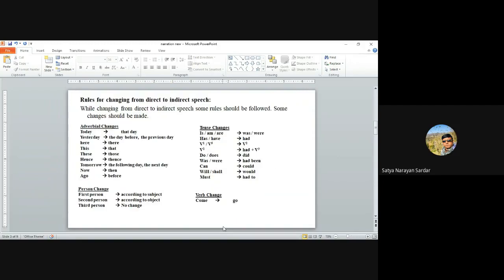So, as we are here to know the rules, there are some changes like adverbial change, tense change, person change, and verb change.